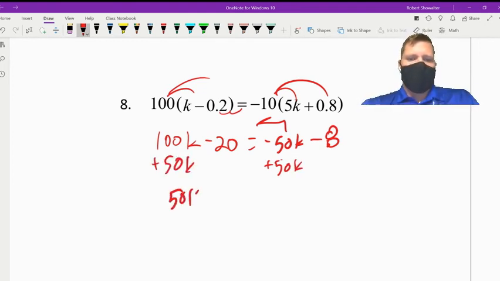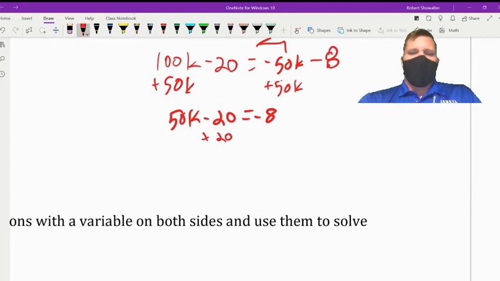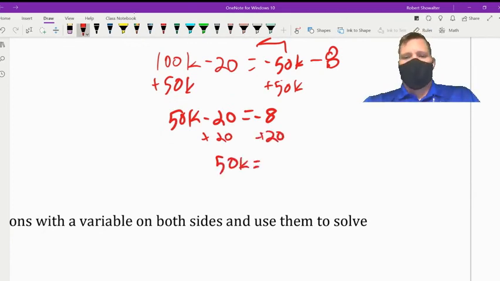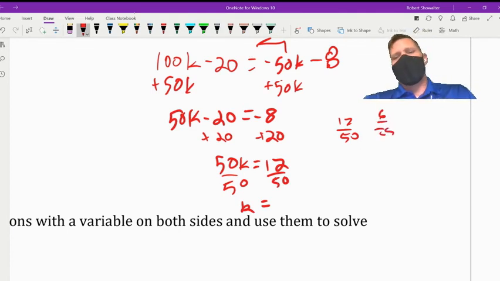So 50k minus 20 equals -8. Keep it going. Add 20. 50k equals 12. Divide by 50 here because it's 50 times k. So we get k equals 12 over 50, which is 6 over 25.